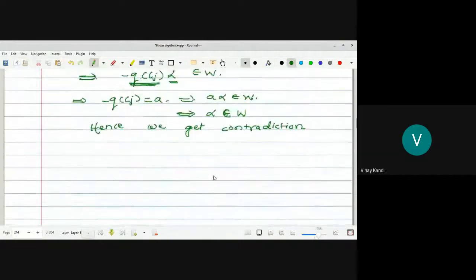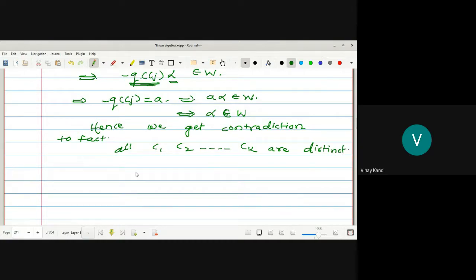So here we get a contradiction to our assumption, a contradiction to the fact that all C1, C2 up to Ck are distinct. Hence W not equal to V is not true.